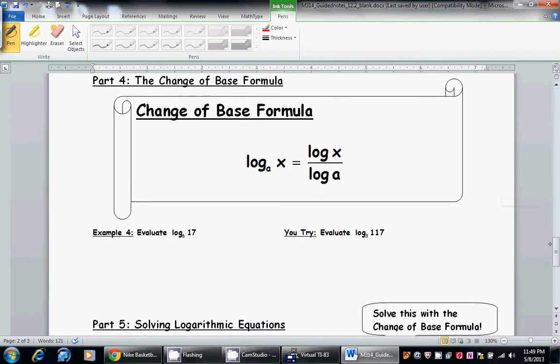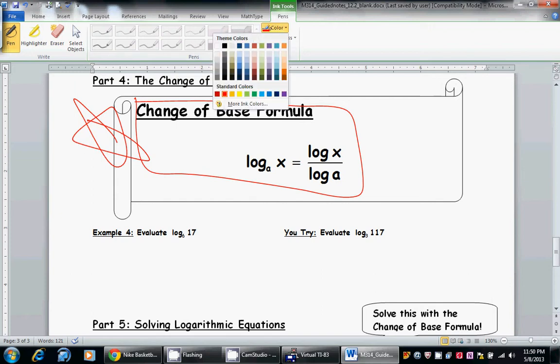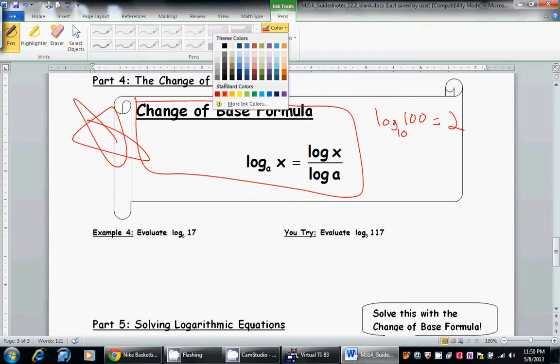So, top of the next page. Now, this is a very, very important formula right here. The change of base formula. Okay? Now, the things we've done in the calculator so far have been base 10, right? Like earlier we did log of 100, and the calculator does base 10 automatically, so it was able to spit out 2 for us, okay? However, you're not always going to have nice numbers like that, okay?